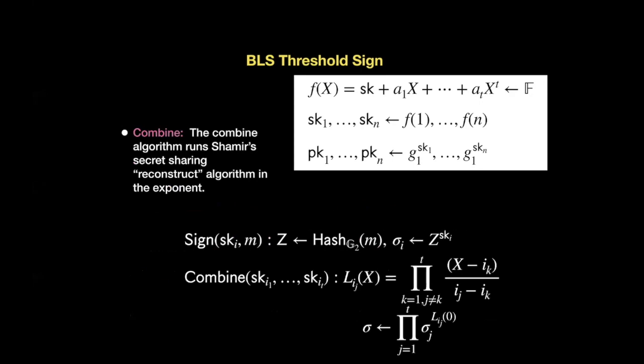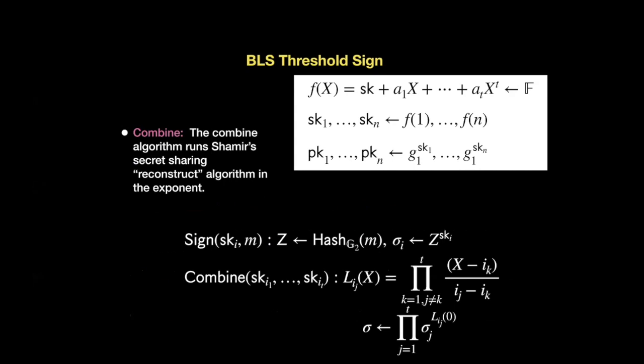In order to then generate the signature, you have all of these signatures, which have been generated using the normal sign algorithm. In order to reconstruct, well, we're going to need to know our Lagrange polynomials for the T people that are taking part right now.